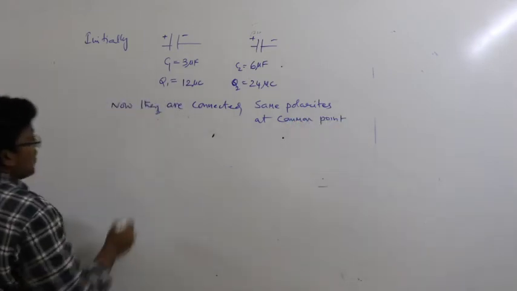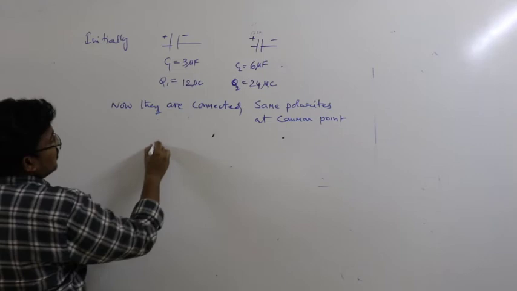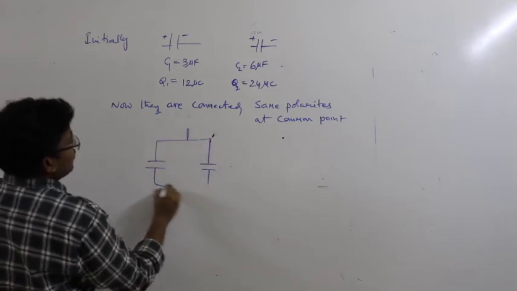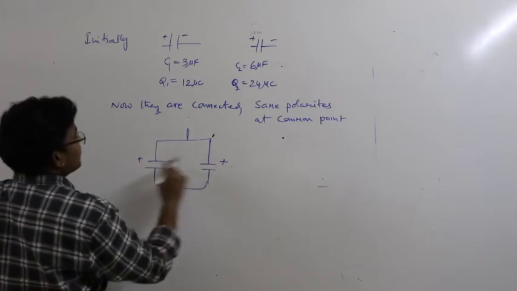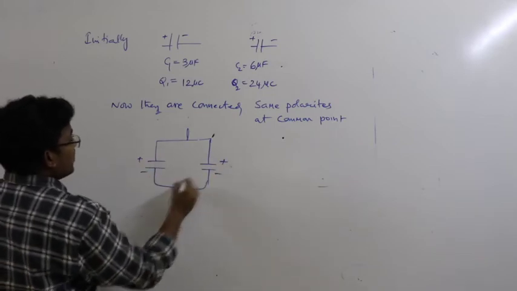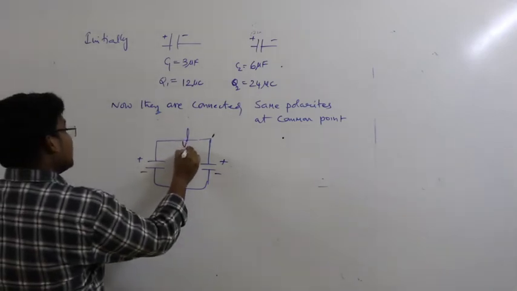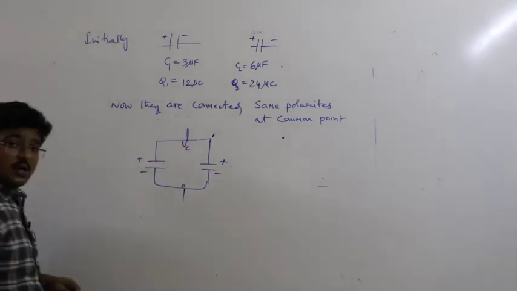Means this capacitor is connected to this capacitor so that plus is at the common point, minus at this common point. Hence this is having some voltage V common, okay, this is 0.